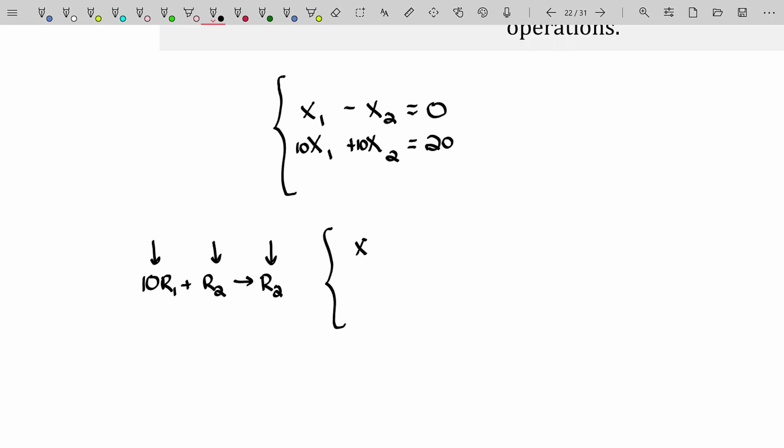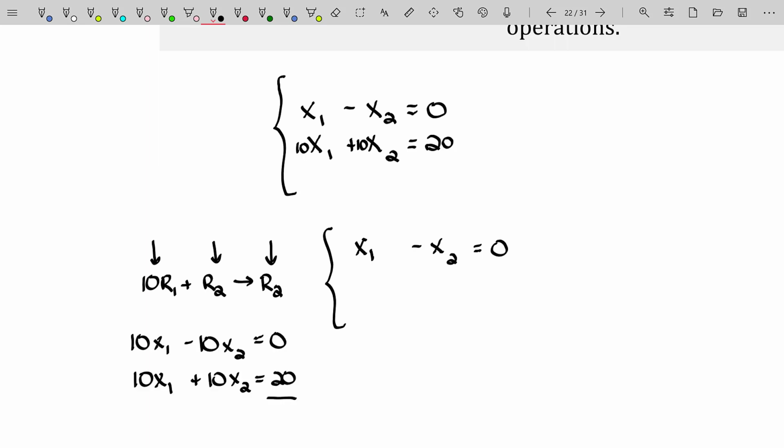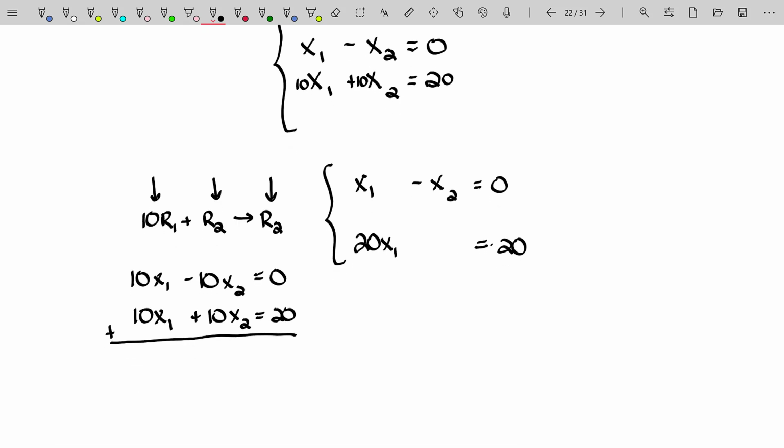Well, row 1, x1 minus x2 is equal to 0. That just stays the same. But if you look at 10 times row 1, and you look at row 2, and you add those two up, you will get a new equation, which is 20x1 equals 20. The x sub 2's canceled because it's a positive 10 and a negative 10. Notice in this case, x sub 1 still is 1.